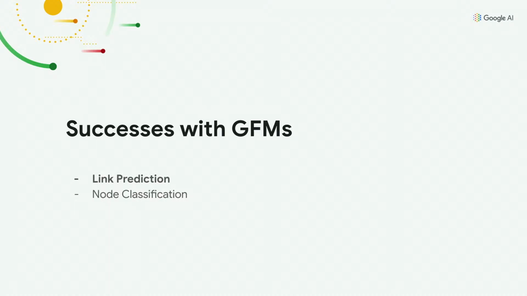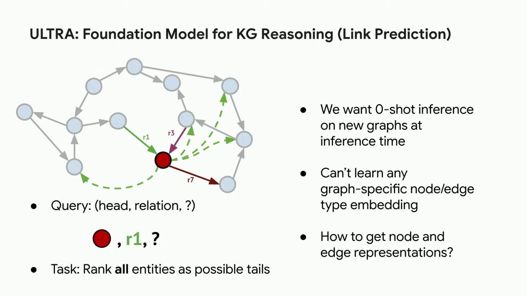Yeah, so some of the successes that enabled us thinking that foundation models are generally possible. I'll be covering two streams here, from link prediction and from node classification domain. First, coming to link prediction, there has been a flurry of works based on some of our papers that we did a few years back.